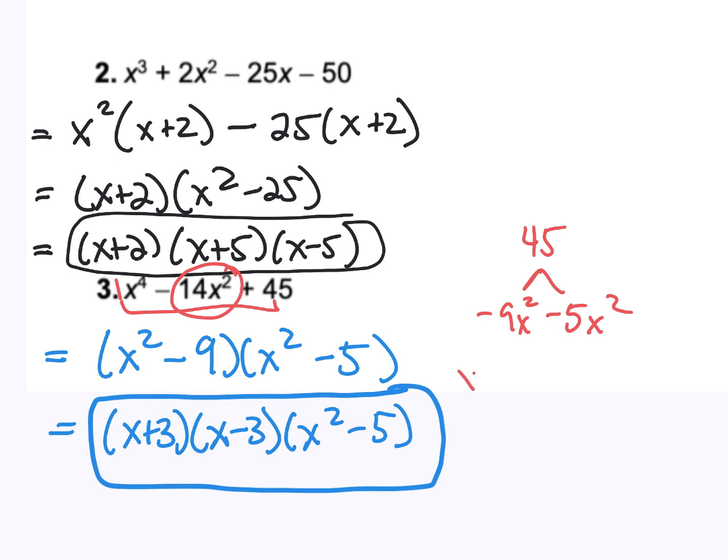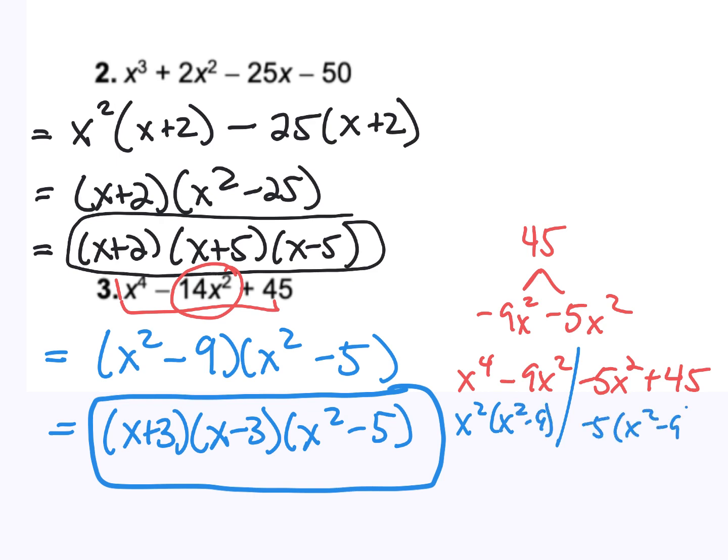So when you go to set this up, you have x to the 4th minus 9x squared minus 5x squared plus 45. And then you group it. So that's a little behind the scenes work there. That's how I started getting that line right there.